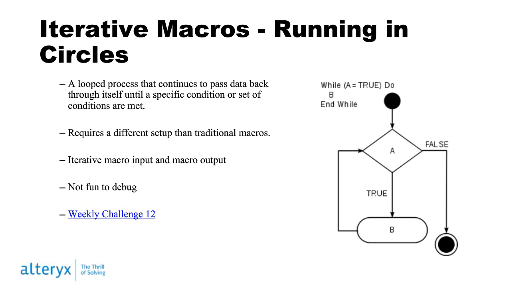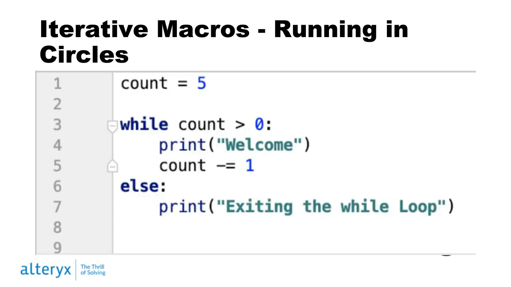So if we look into what this would look like in code, here you have a small example from Python. We start by defining a count variable that's equal to 5. Then we say while the count is larger than 0, and then we have a chunk of code underneath that we will execute. First, it's going to print welcome.